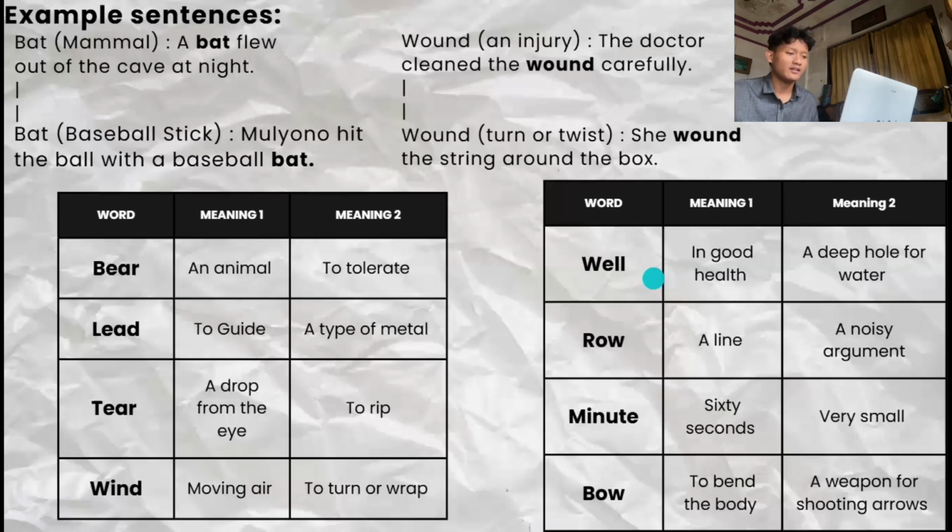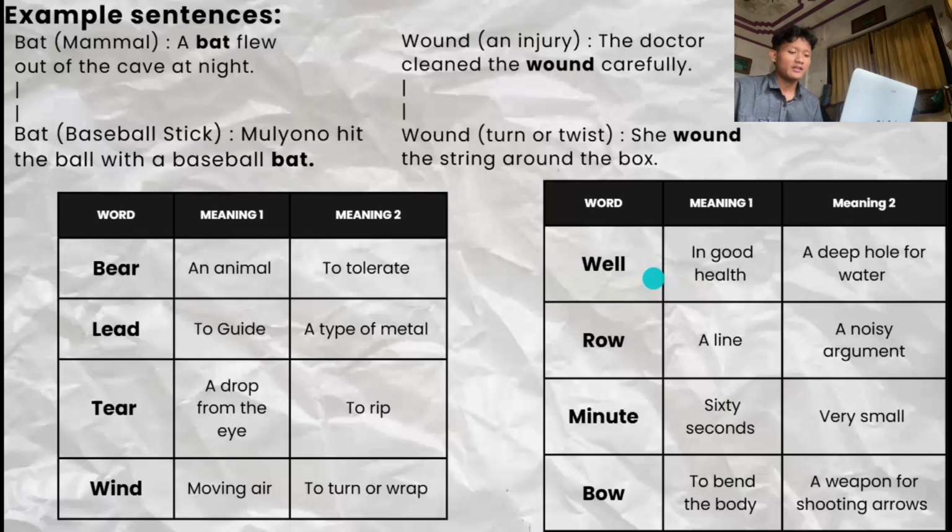And below is another example. The first is bear. Bear here can refer to an animal, but it can also mean to tolerate. Next is lead. Lead here can mean to guide, but it can also refer to a type of metal. Next is tear.